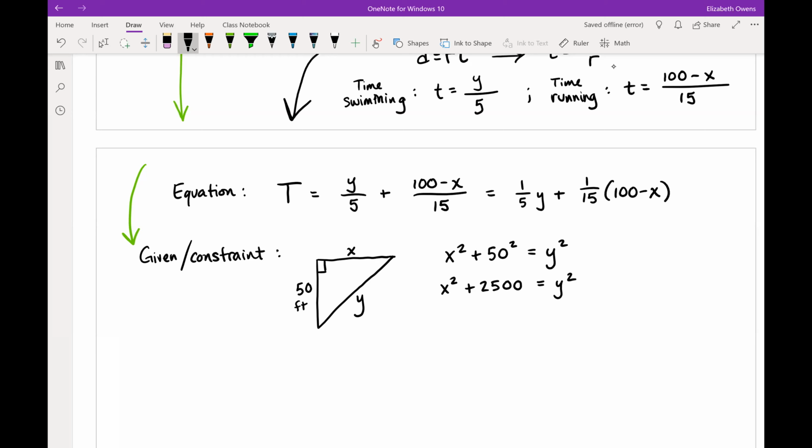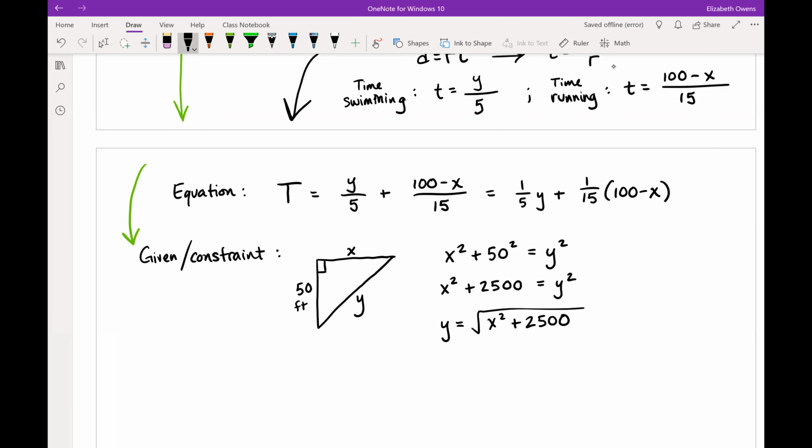And so I'm definitely going to solve this for y now because all I have to do is take the square root of both sides. So y is going to equal the square root of x squared plus 2,500. That's good. And it is safe to choose the positive square root in this case because y is representing a distance that this lifeguard is swimming across the river. So we would not be saying that they're swimming a negative distance. Go ahead and use that positive square root.